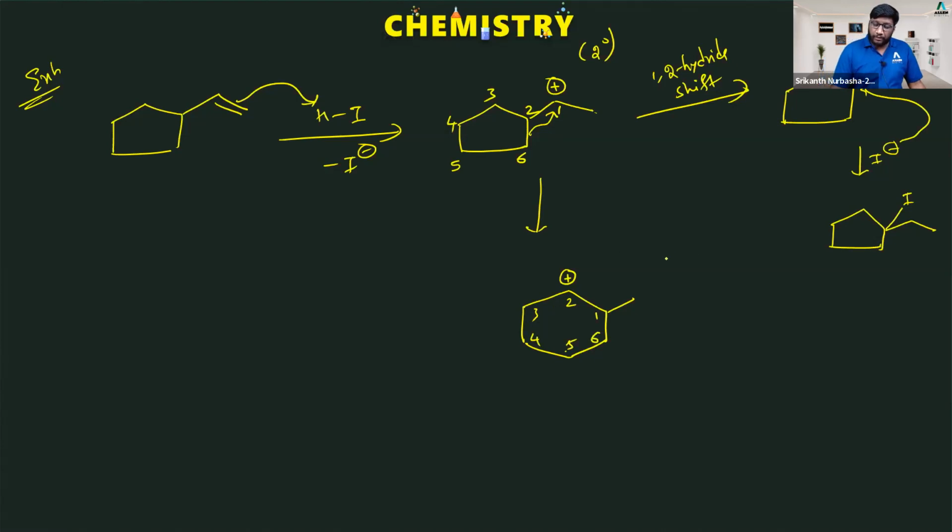Yes, please. You said the second carbon has lost electron density. Why did you say that? Now, see, one chocolate is there. Second and sixth are sharing the one chocolate. Now, first and sixth are sharing the same chocolate.